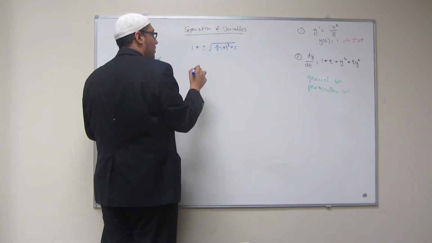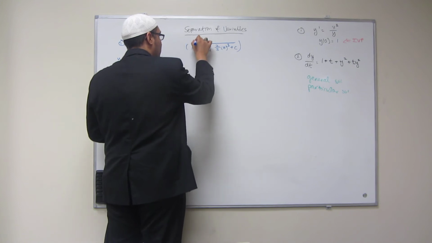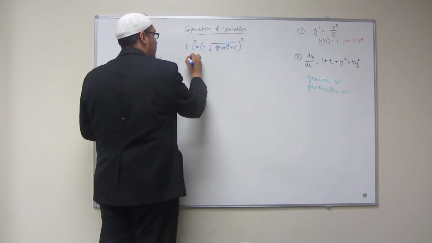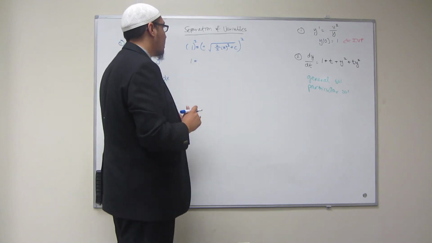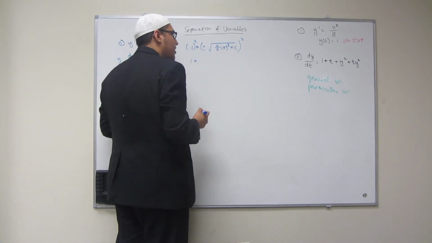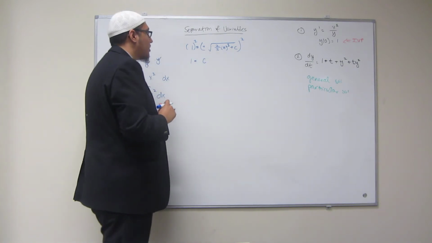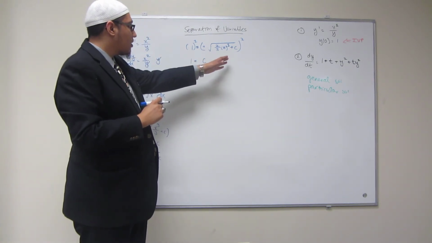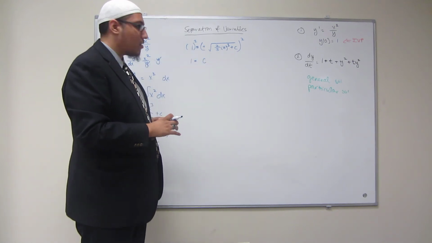Now, let's square both sides to get rid of the square root. Okay. Thus getting 1 is equal to, now the square would actually get rid of this plus and minus as well. 2/3 times 0 is simply 0. Thus getting c equals 1, because c plus 0, and then the square root would simply go away.